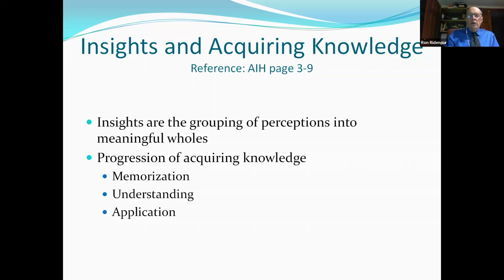This progression of acquiring knowledge, the very basic is the memorization. You can memorize that the stall airspeed is 35 knots, whatever it is. But unless you understand what stall airspeed means, then you don't really have a full understanding of what that 35 knots really means. And we've all told people that gliders will stall at any attitude and any airspeed.